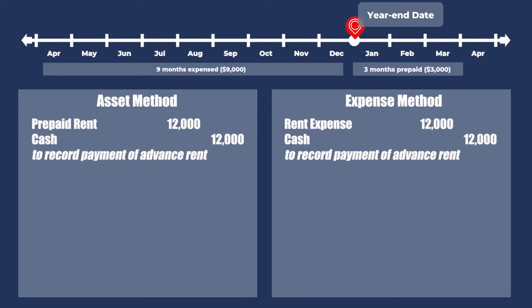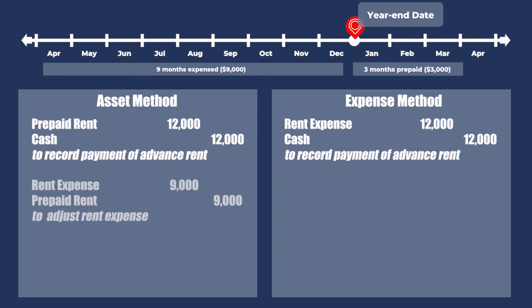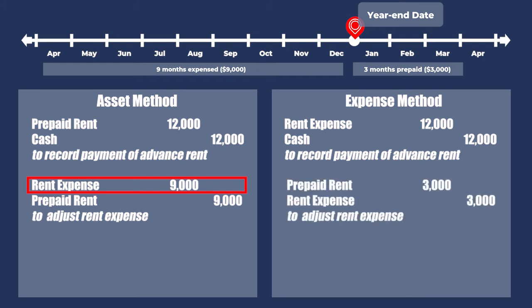So if you initially accounted for the whole amount as an asset, all you need to do is to remove that $9,000 portion through a credit to prepaid rent and debit it to rent expense. Easy peasy. And if you recorded everything as an expense, all you need to do is credit that rent expense for $3,000 and debit that amount to prepaid rent.